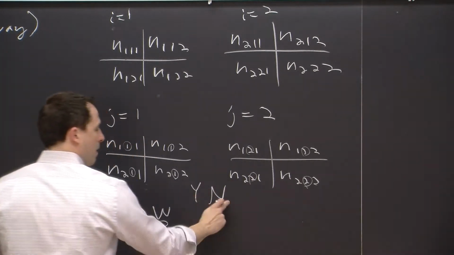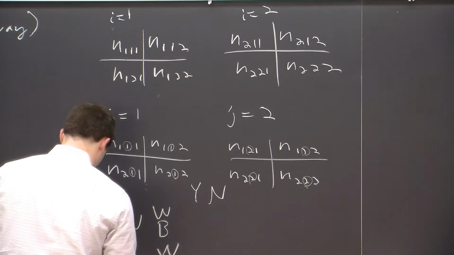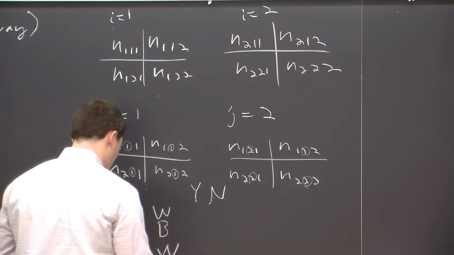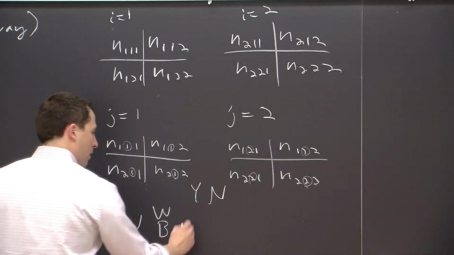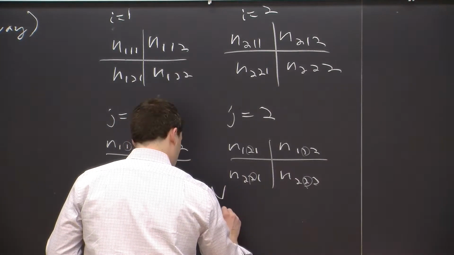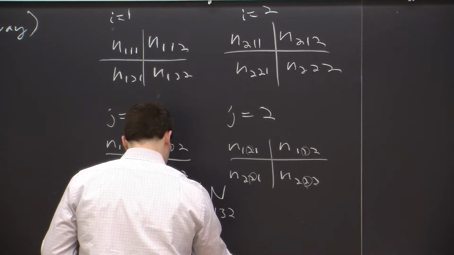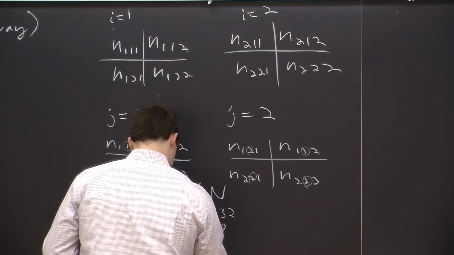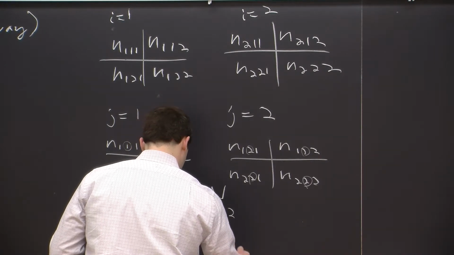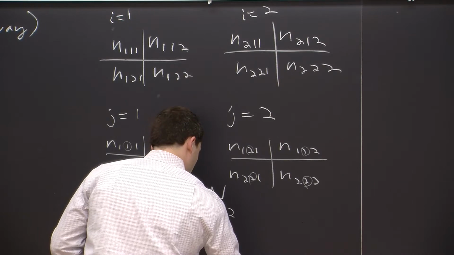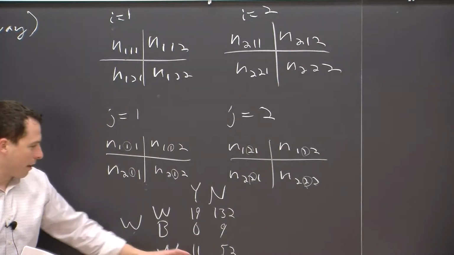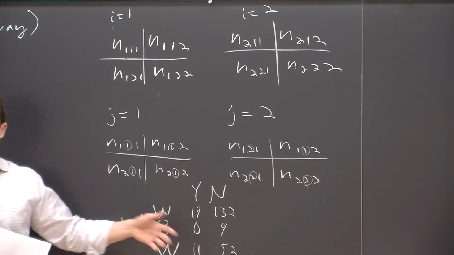This is the death penalty, yes or no, defendant race and victim race. From this I can get a table: 19, 132, 0, 9, 11, 52, 6, 97. So I can think about this as two 2x2 tables or as one 4x2 table.